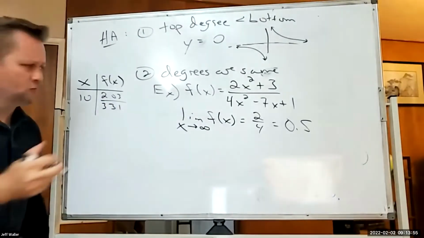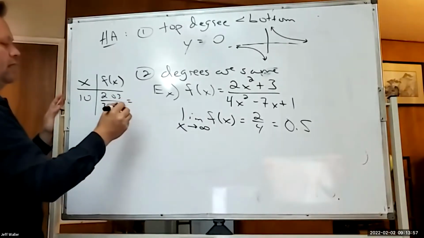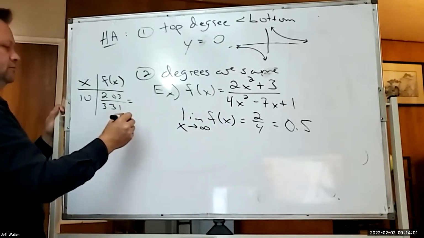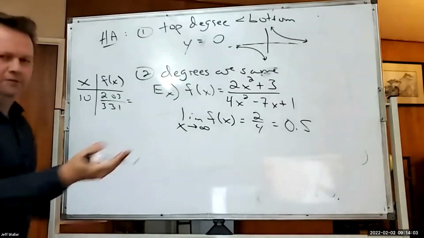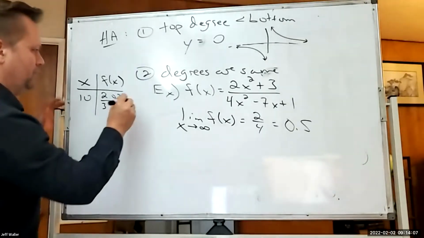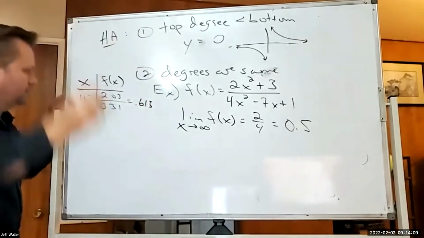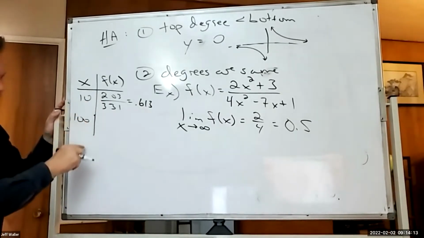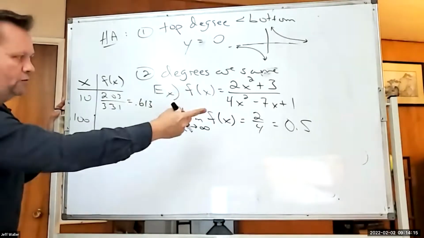And that's roughly 0.64. I'll guess 0.613. That's not bad. If x is 100, I'm letting x get really big and investigating what's happening.